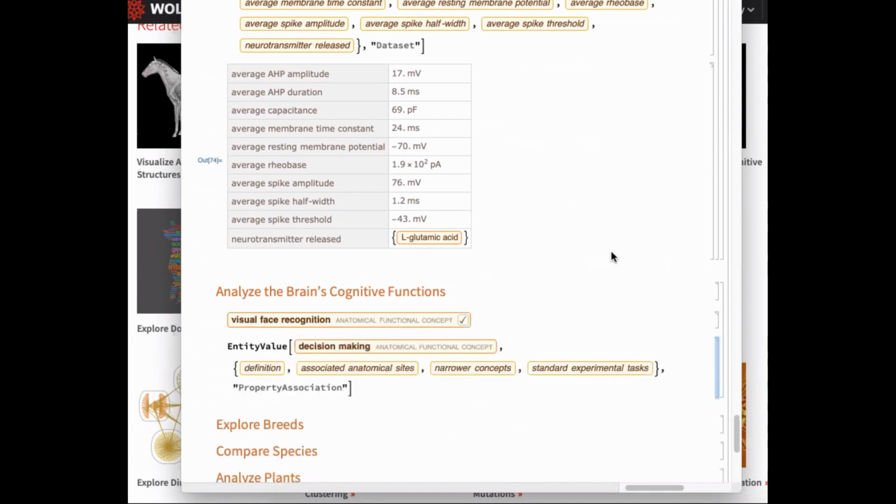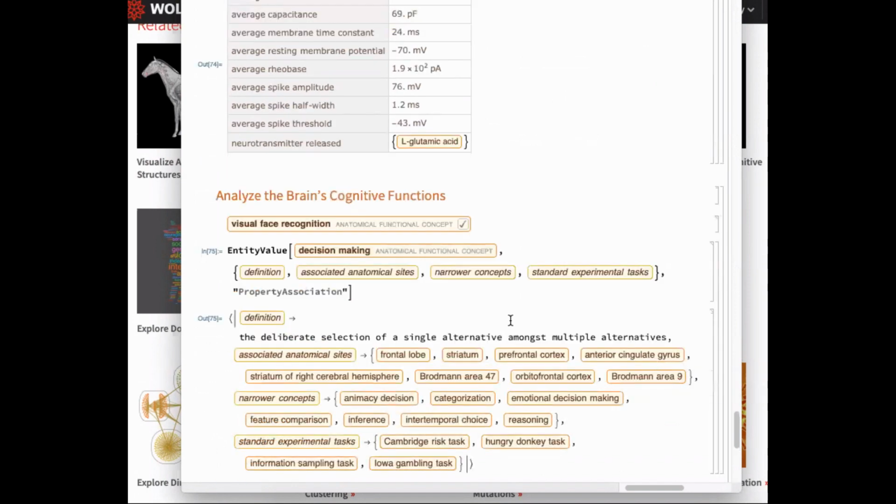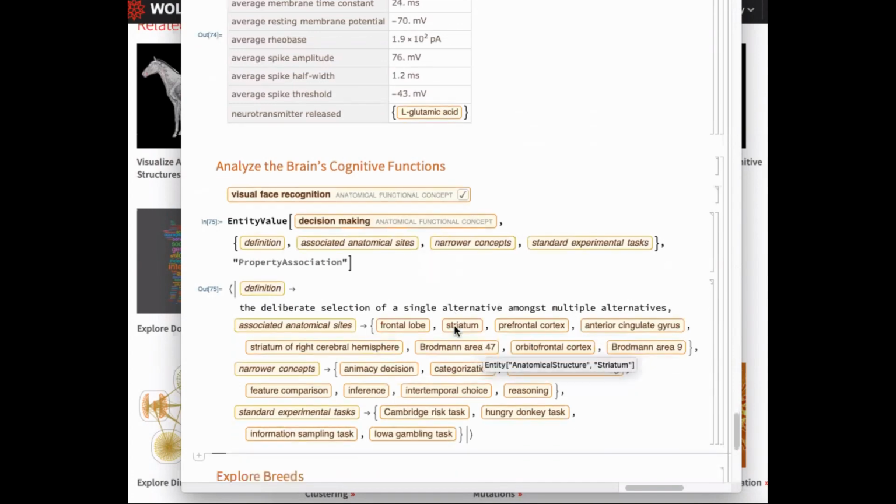And you can find basic information of an entity, including its definition, associated anatomical sites, hierarchical relations, and standard experimental tasks to assess those given cognitive abilities.